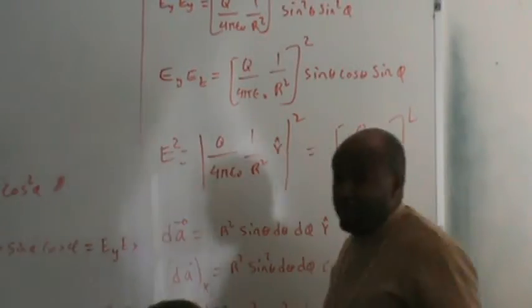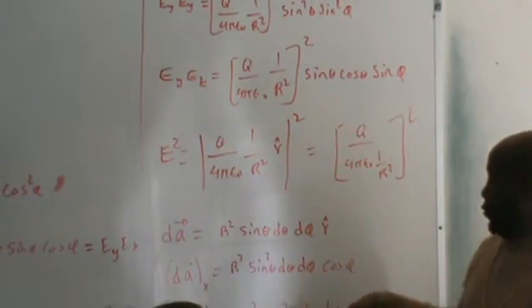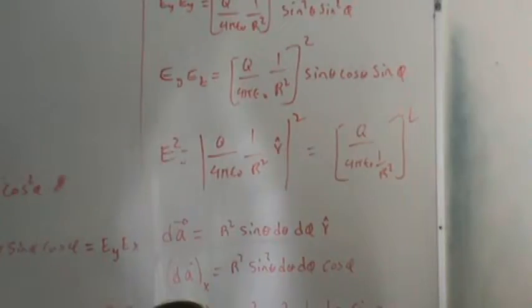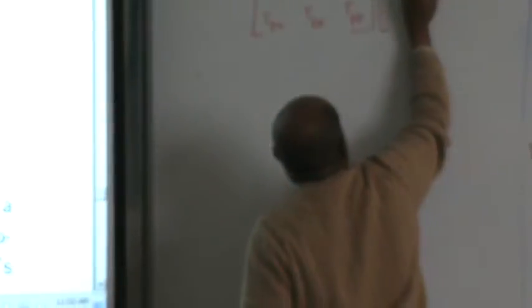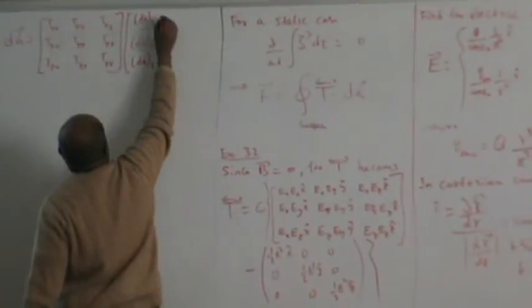So if I write like that and multiply by the components of the area, which is just a three-dimensional vector, you can express it using a column matrix, right? So in terms of these elements, I can write here dAx, dAy, dAz, right?